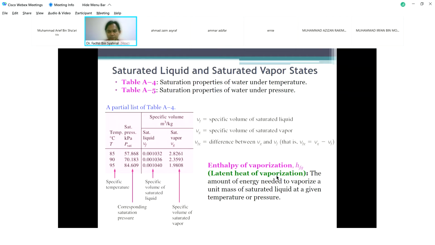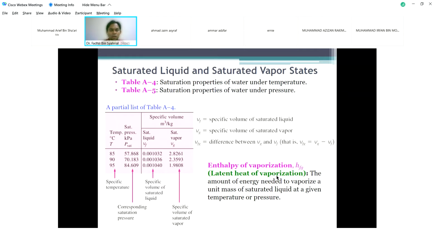After that, saturated liquid vapor mixture, and then saturated vapor state, and last one is superheated vapor state. These are the 5 states in PV and TV diagram that tell us how the pure substances change from one form to another form. Either the pressure or temperature remains constant.